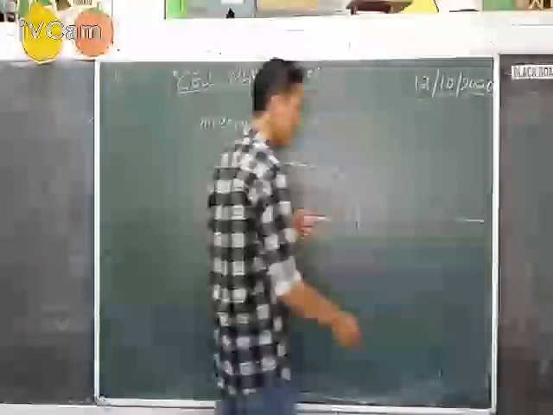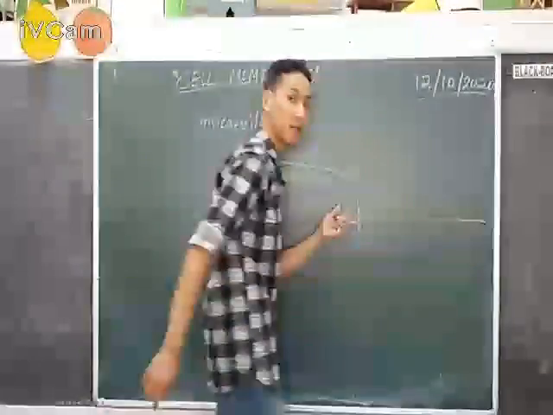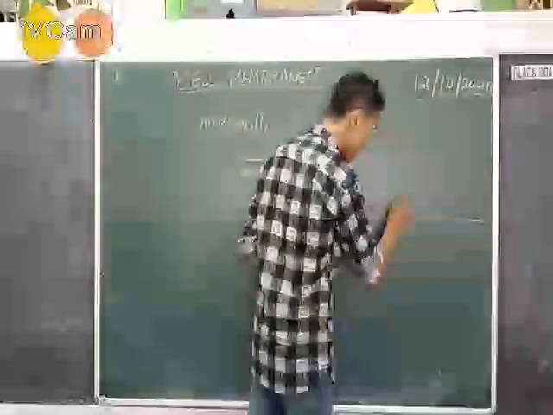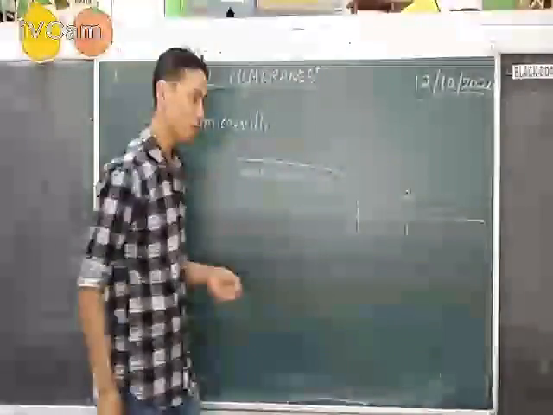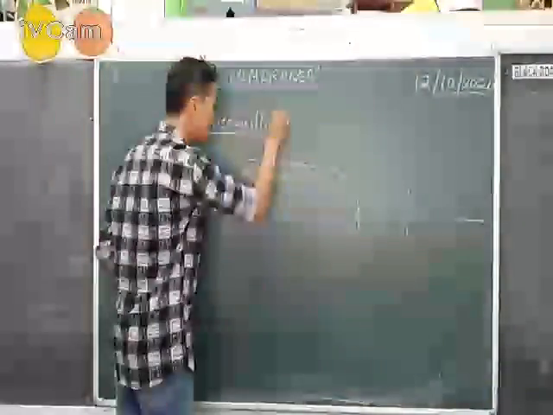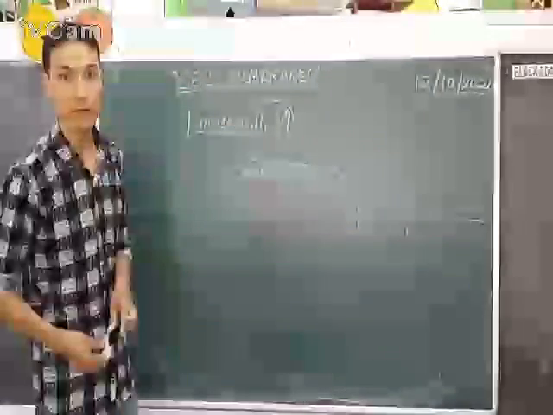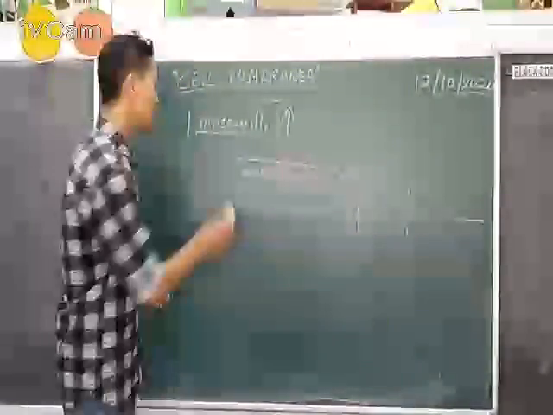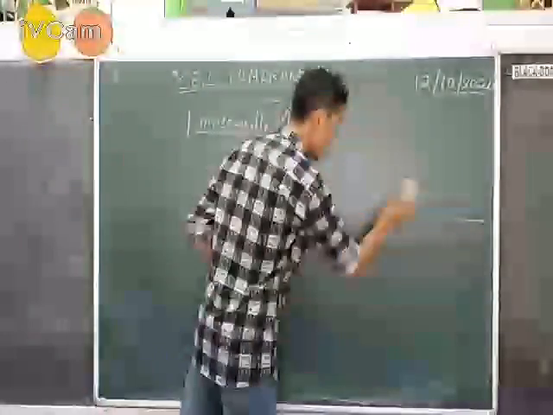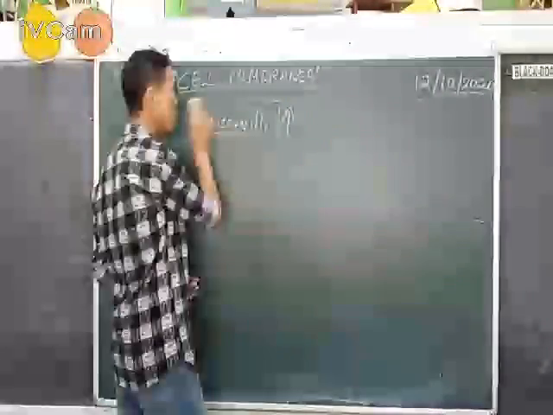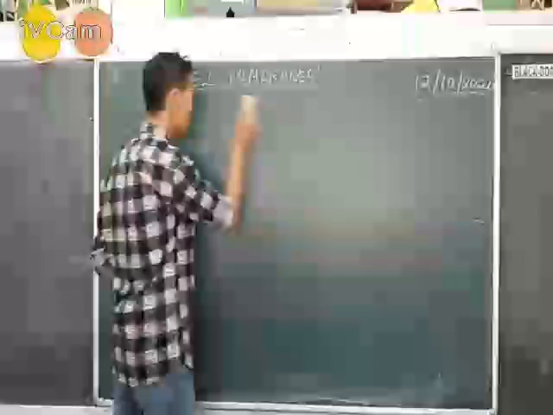But when the microvilli is stretched, I am getting an additional extra length, which also helps in absorption of more food. So obviously, microvilli helps in increased absorption of food. So that's why microvilli are present in small intestines. And microvilli is a modification of cell membrane.